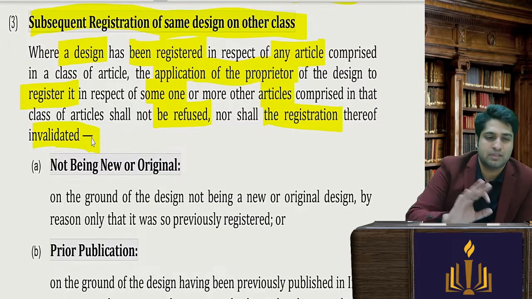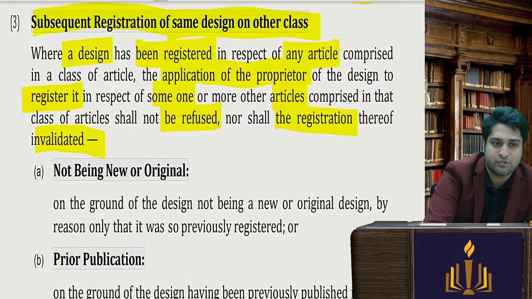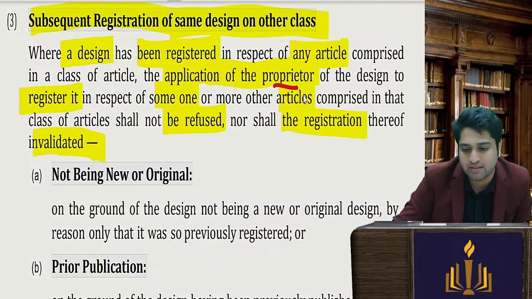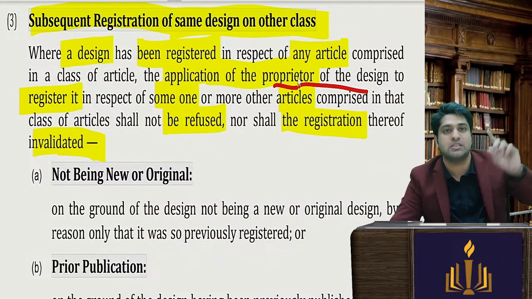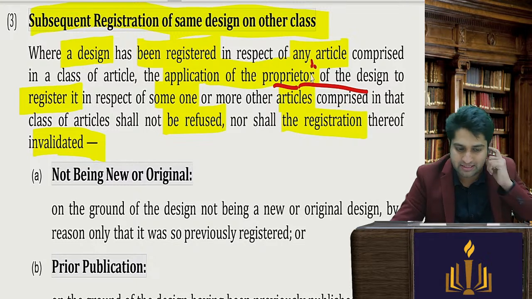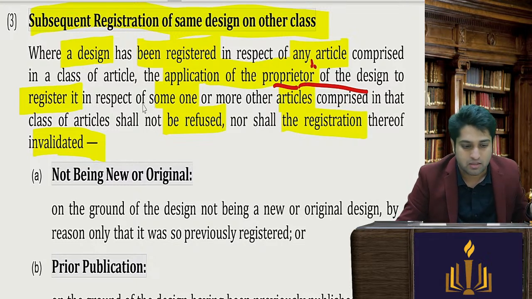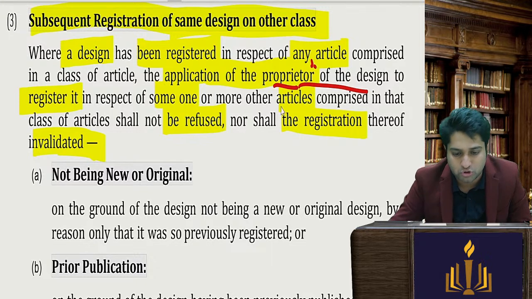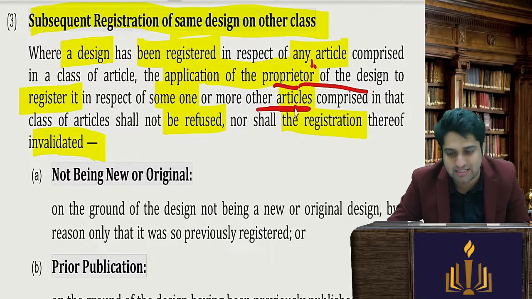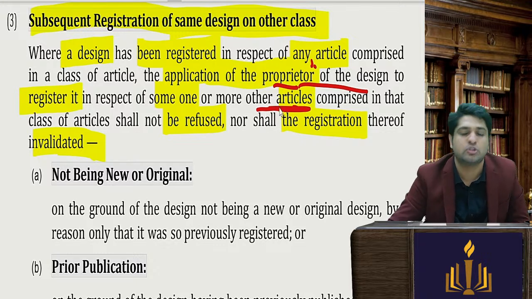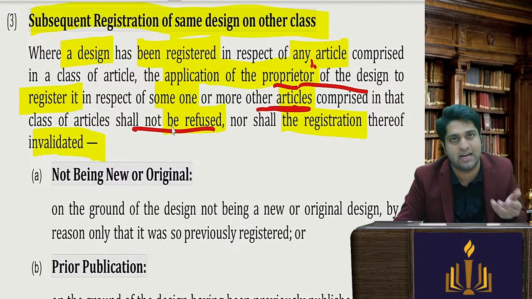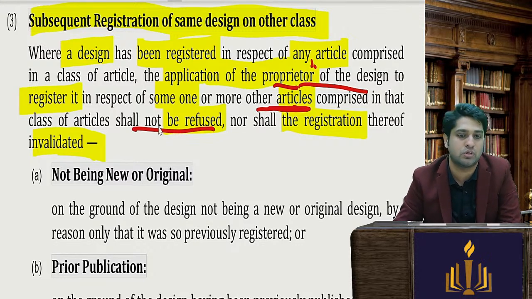When you read it you find it confusing, but let me tell you what they are saying. The proprietor of the design, the first owner, who has the design on one article, wants to apply that design on other articles. This cannot be refused to me. It's my right. I will get to apply that design anywhere else also.